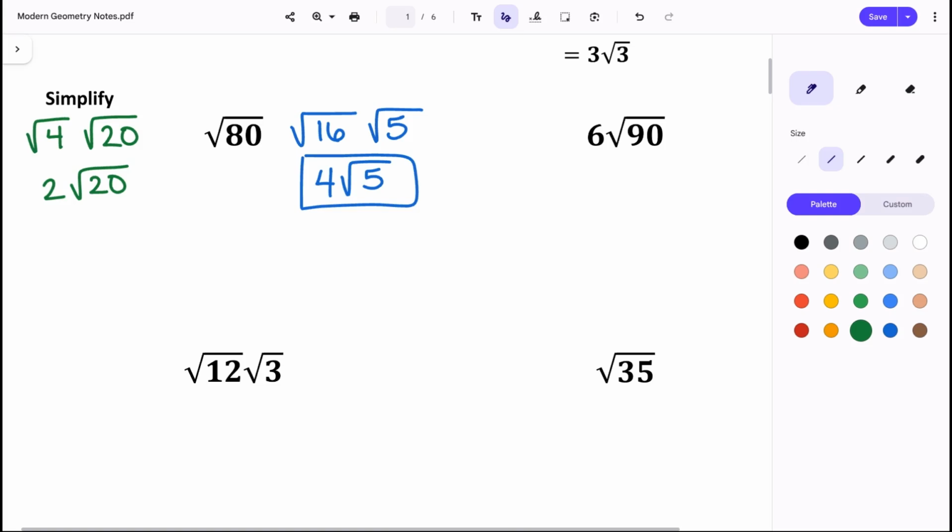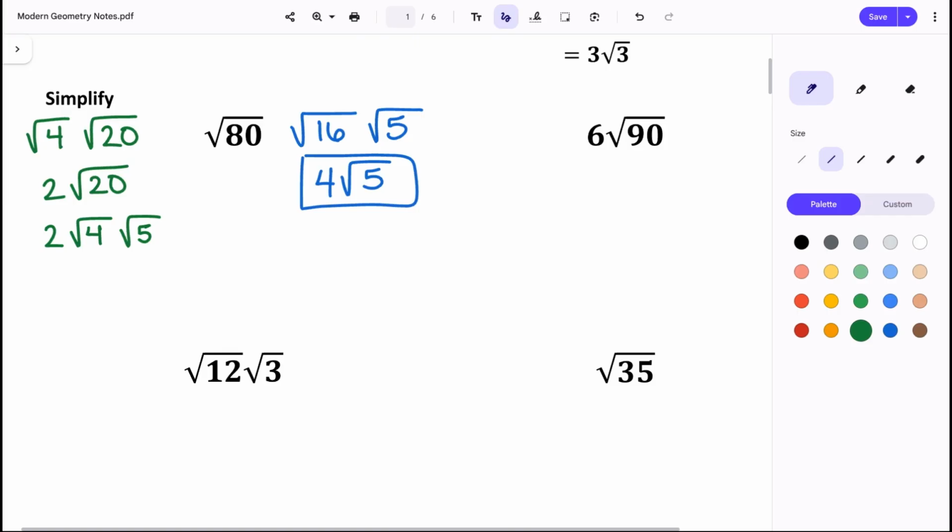Okay, so that tells me over there, yes, 4 works, but you're not done with the 20. Can you guys think of a perfect square that goes into 20? From that list on the top, 4, 9, 16, 25. Does one of those numbers go into 20? 4 does. So this 20 could be rewritten as 4 and the 5.